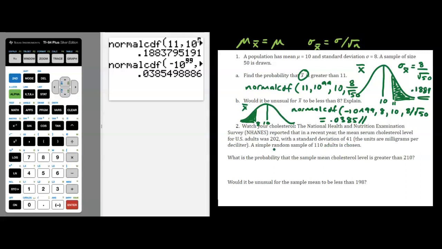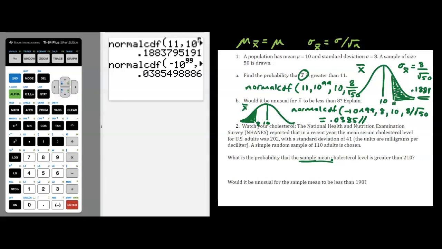So if we take a simple random sample of 110 adults, then we can answer some probability related questions given what we know. For instance, it says, what's the probability that the sample mean cholesterol level is greater than 210? They're not saying what's the probability that an individual has a cholesterol level greater than 210.